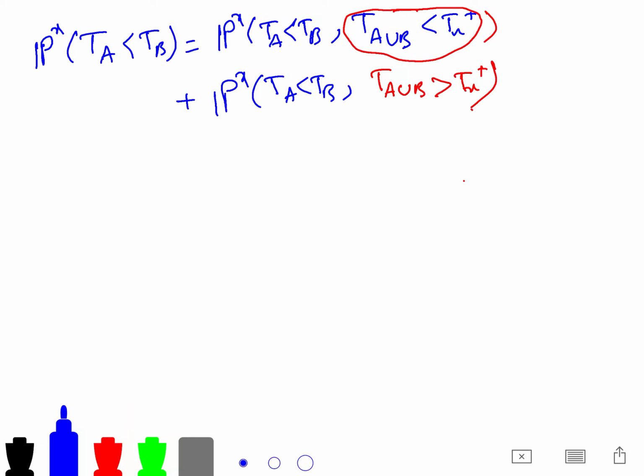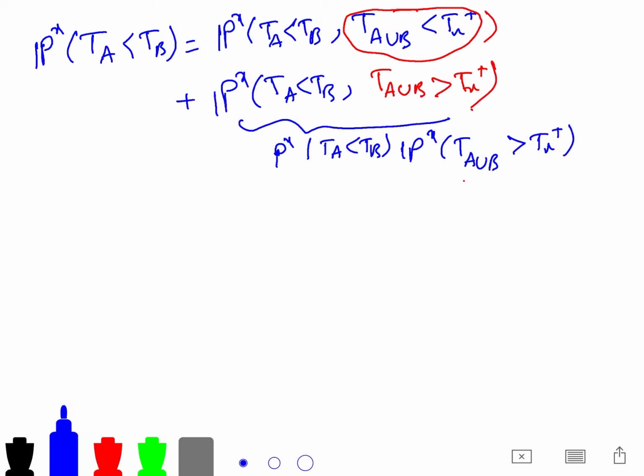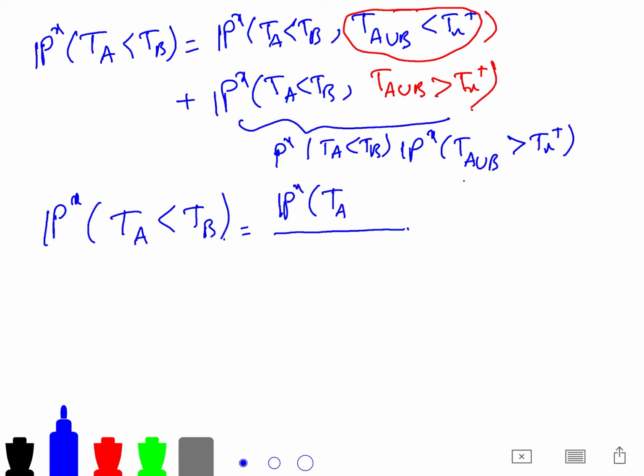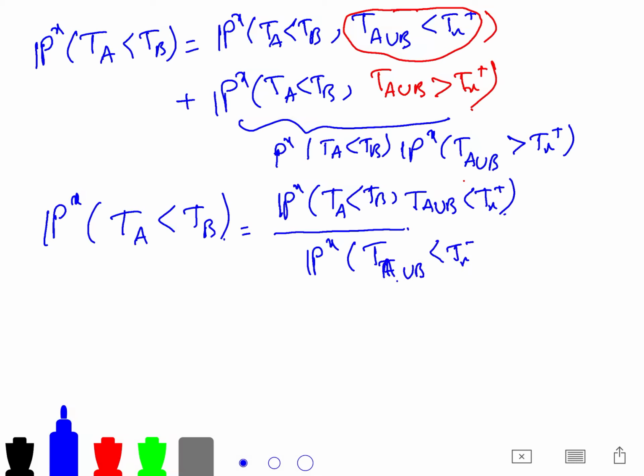And just by the Markov property, if you apply the Markov property at Tx plus, the second term becomes the probability that Ta is less than Tb, and Ta union B is greater than the time to return to X. So we can conclude that if we start from X, the probability that the time to hit A is less than the time to hit B is just the probability that Ta is less than Tb and Ta union B is less than the return to X. And this is the probability of Ta union B less than Tx plus.